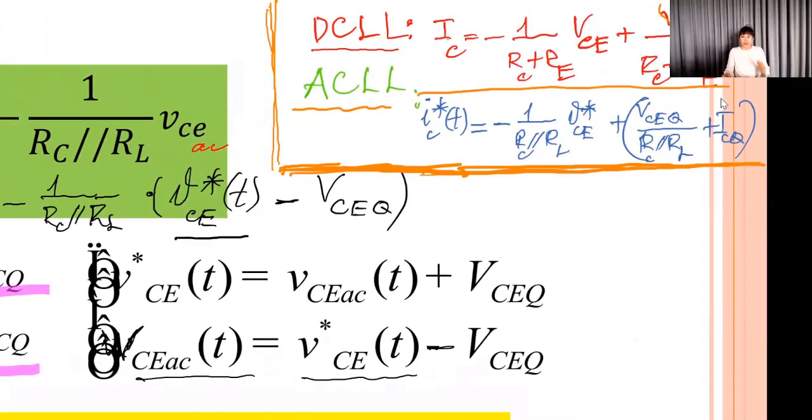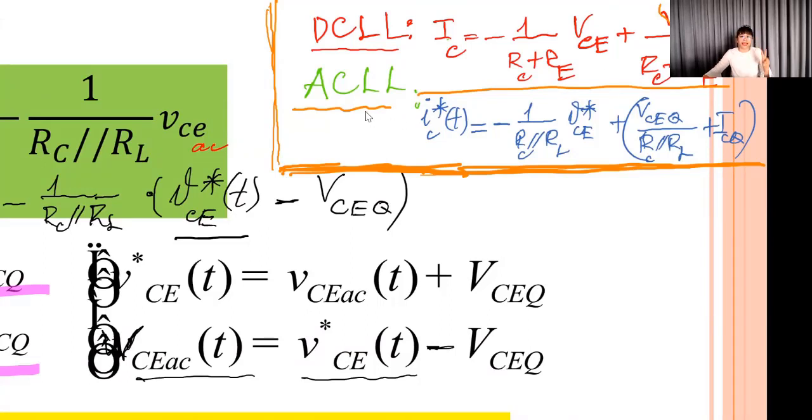I don't know if you can see this equation. This is the DCLL. You can write down that the function has two parameters: the collector current and the output voltage VCE, right?